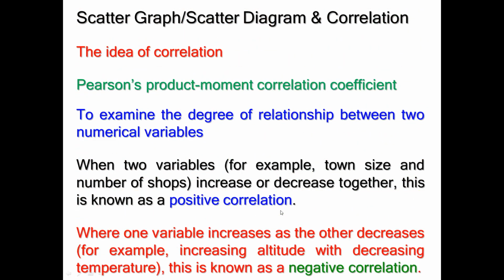Where one variable increases as the other decreases, for example, increasing altitude with decreasing temperature, it is known as a negative correlation.